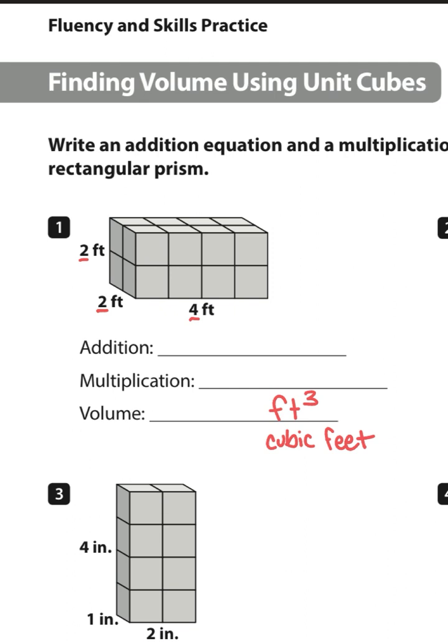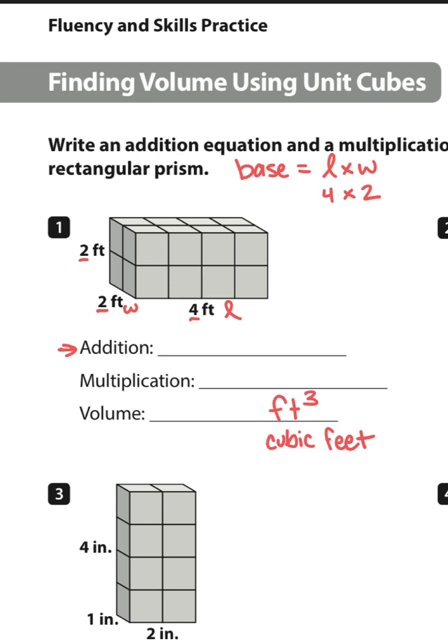Looking at the addition way first, if you try to remember from last week, to find the addition, we find the base first. We always find the base first, and the way we find the base is the length times the width. If this is our length and this is our width, we replace those with 4 and 2.